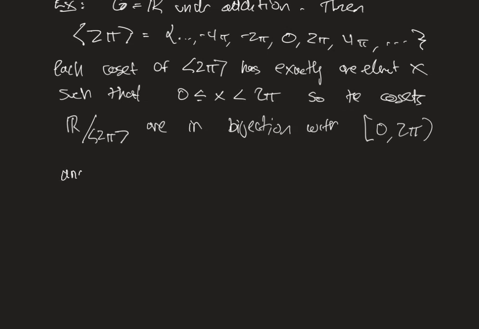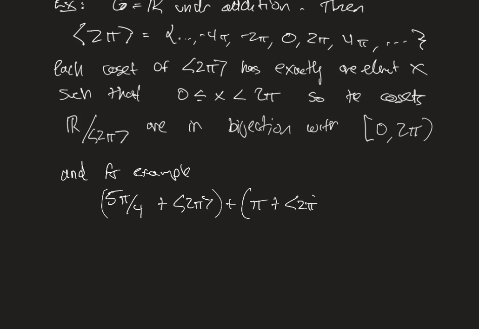And if we add things, I'll do a specific example. If we add, say, (5 pi over 4 plus <2 pi>) plus (pi plus <2 pi>), we get 9 pi over 4 plus <2 pi>, which is the same thing as just pi over 4 plus <2 pi>, subtracting 2 pi from 9 pi over 4.